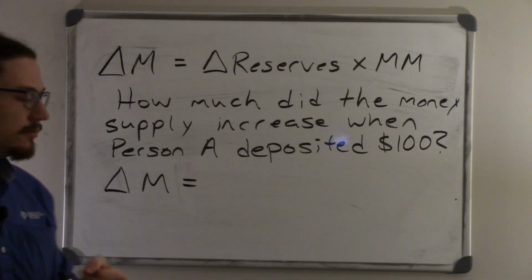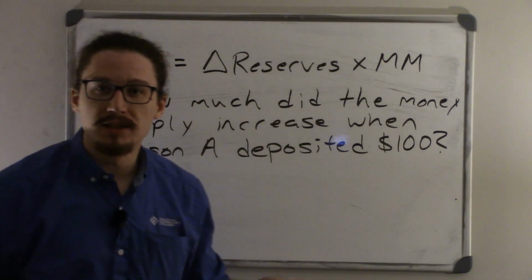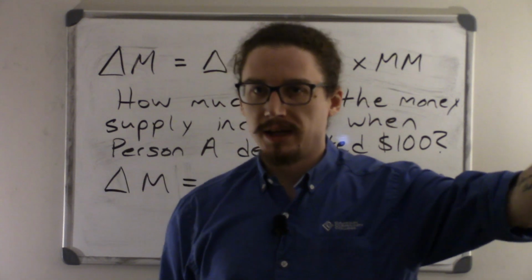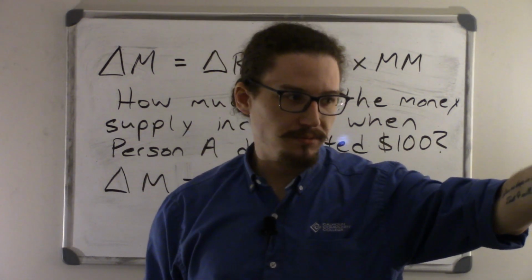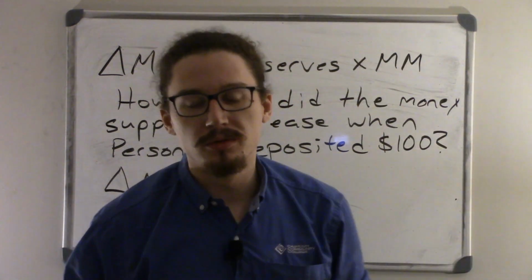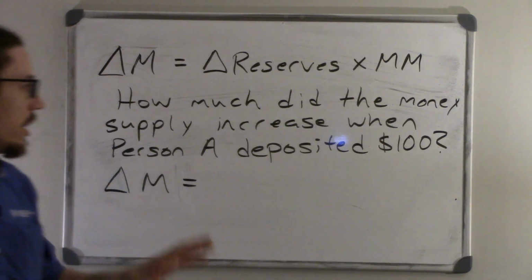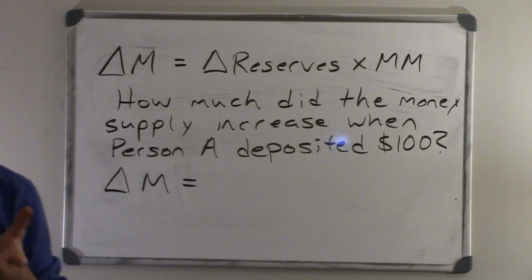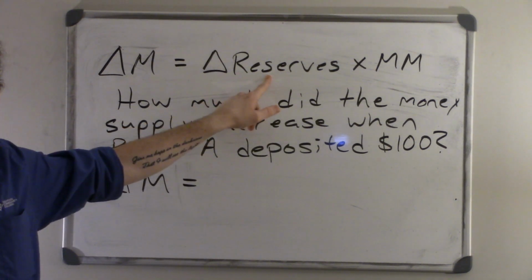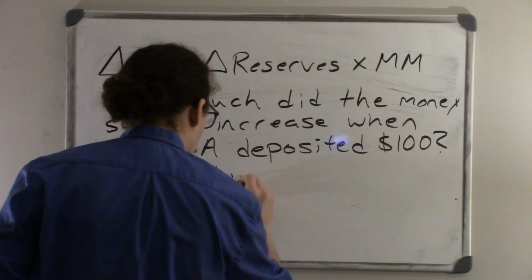If we remember, as that money kept being lent, first person A deposits it, $90 is lent to person B, then $81 was lent to person C, and then $72.90 would be lent to someone else, and so on and so on, until all $100 of that initial deposit are held in reserves. So the change to our reserves in this case is the $100.